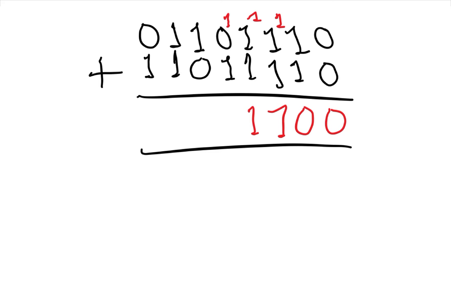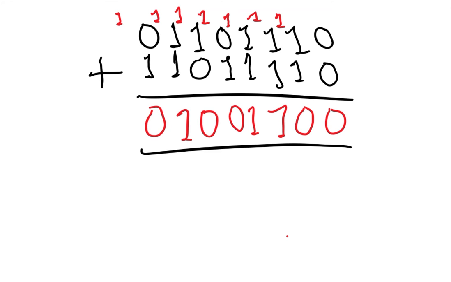1 plus 0 plus 1 has a carry 1 and a sum 0. 1 plus 1 plus 0 has a carry 1 and a sum 0. 1 plus 1 plus 1 again has a carry 1 and a sum 1. 1 plus 0 plus 1 has a carry 1 and a sum 0.